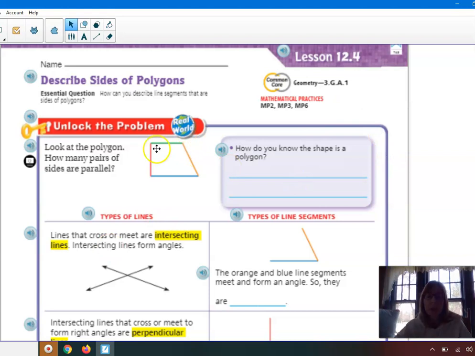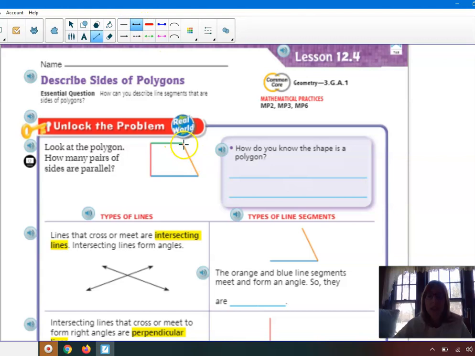So if you look up here at this right here, so you can see, I'll get my pen with a straight line here. So you can see that we have different sides here. So we have a green side and a blue side here, and those would be parallel to each other. And then if you look here, you have a red side and an orange side, and those would not be parallel, because if you drew this line out, I'm going to get a straight line here for you to see.